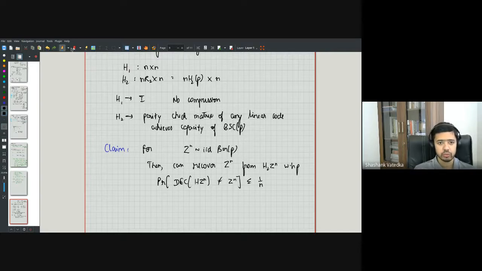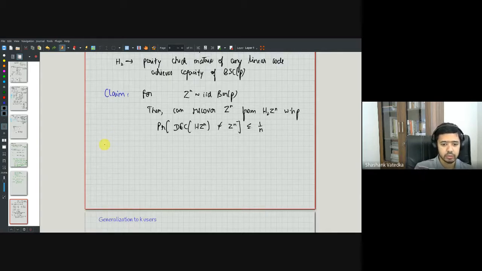One set of codes is, for example, the low density parity check codes. These achieve the capacity of the BSC, and at the same time you can also have efficient decoding algorithms such that you can recover Zn from H times Zn. Okay, so this is what we need. These are the objects that we need for decompression.